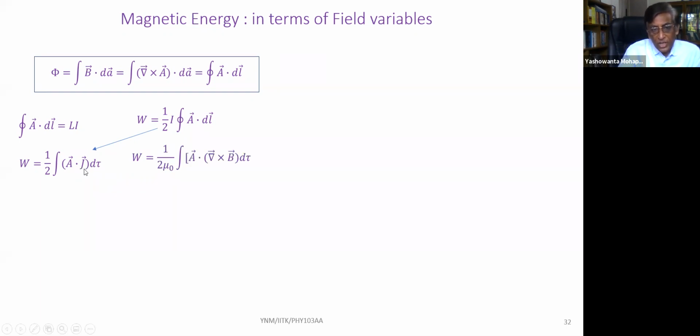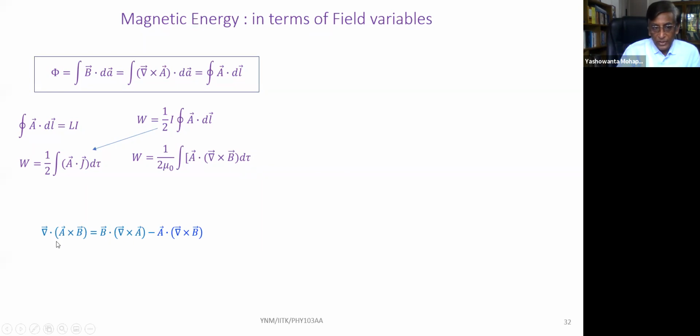But then J, I can always express as del cross B by mu naught, that's Ampere's law. So this is the integral over the volume of that, which is more general. Now, A dot del cross B immediately tells us that I could use integration by parts, using a certain product rule of dot and cross.